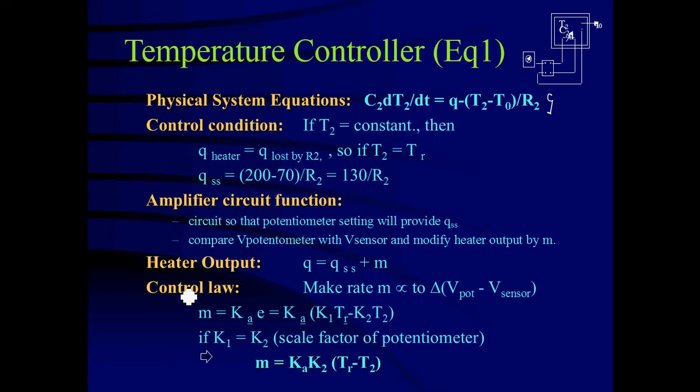See, this is important. I think I'll emphasize this word. Control law means what type of controller you are going to put. So look what it says in here. Make the rate M of controls. What does it mean?